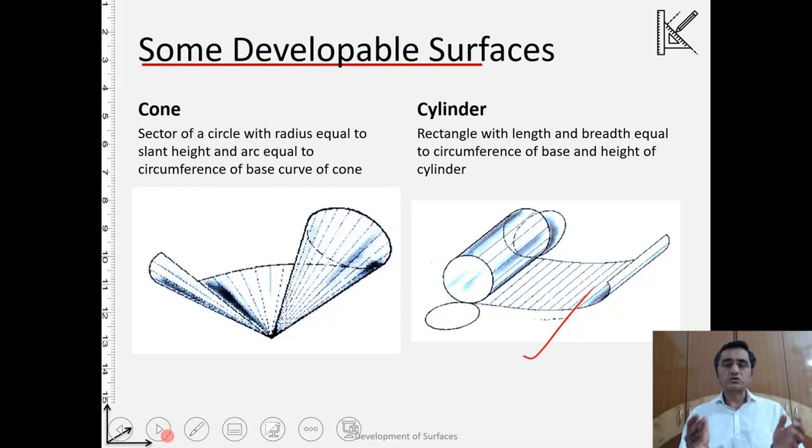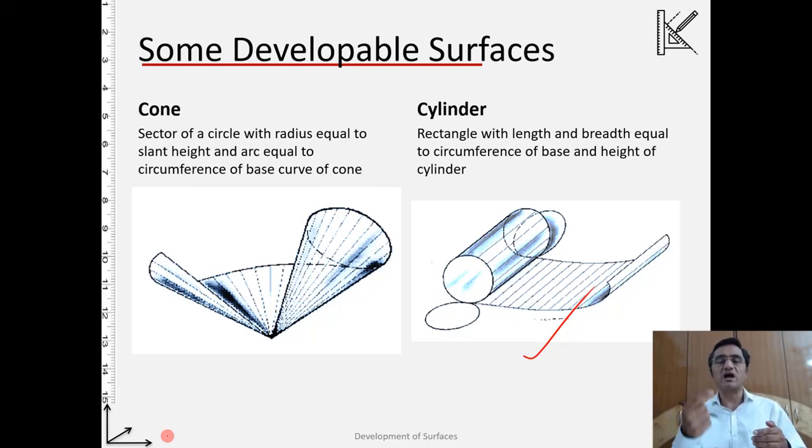Once you develop a cone, what do you get? You get a sector of a circle, whose radius is equal to the slant height of the cone, and the arc of that sector is equal to the base curve length of the cone. So that is also a developable surface.